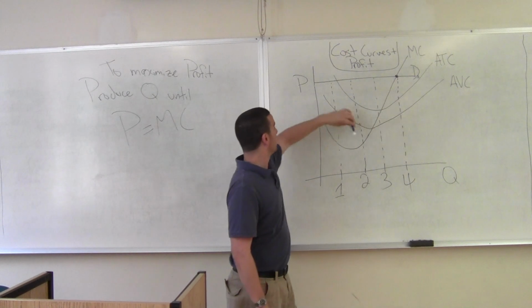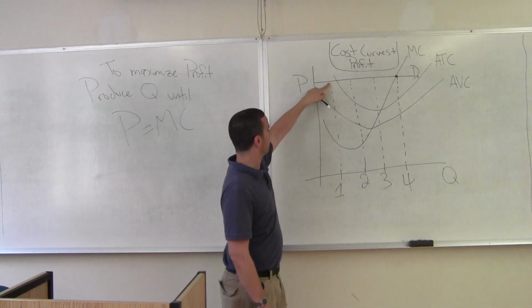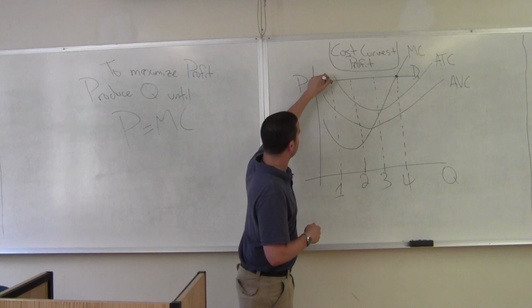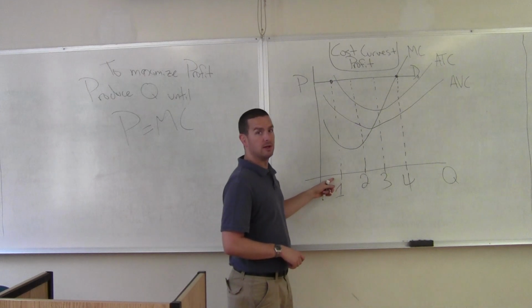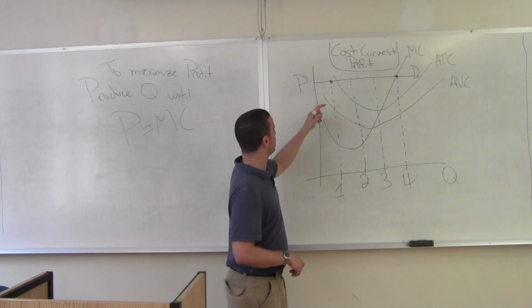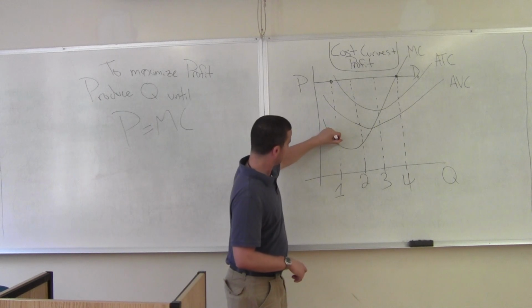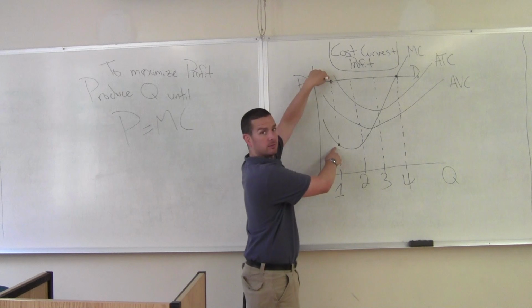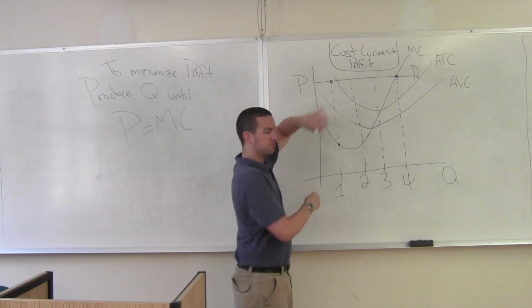So, at a price of 1, if the quantity was 1, this is your marginal cost, this is your price. They're not equal. Price is greater than marginal cost.